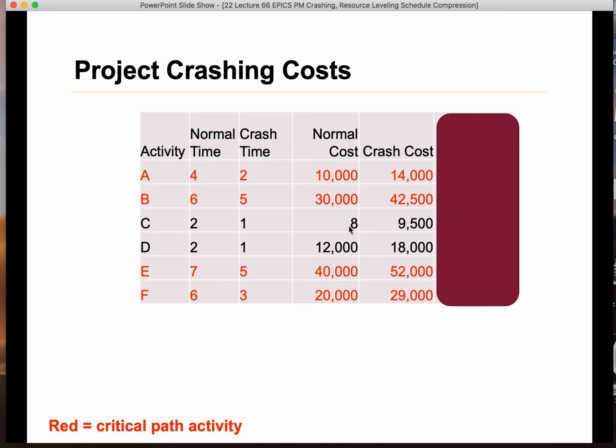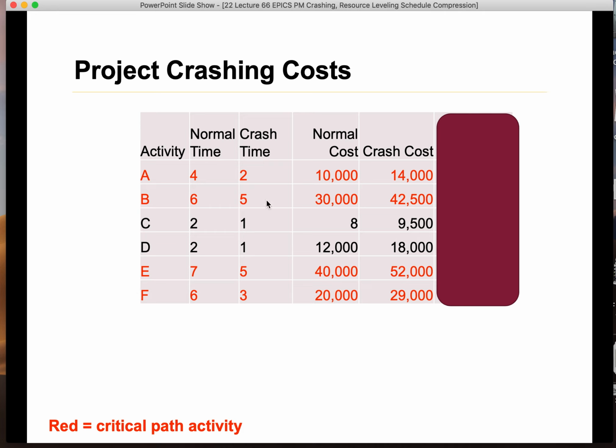So you don't want to crash the black ones, right? Because they are not on the critical path. Even though you crash them and complete them in a shorter amount of time, the project duration will not change because project duration is decided by the critical path. So first of all, you want to eliminate C and D. You're looking for something on A, B, E, and F.